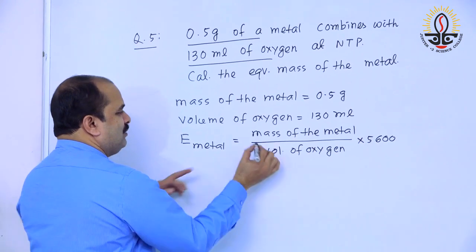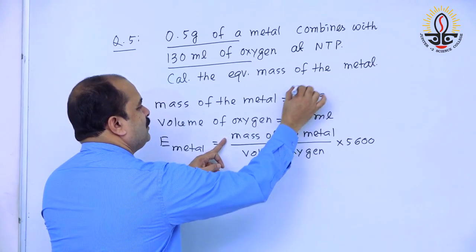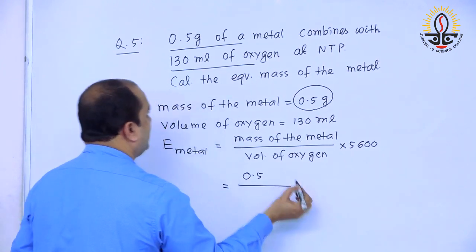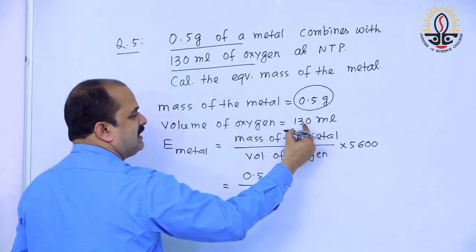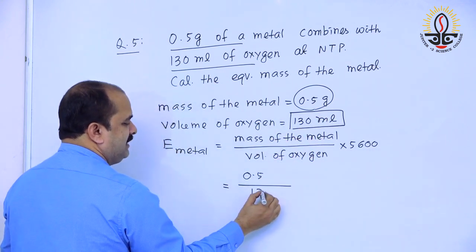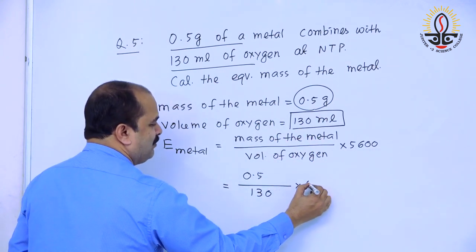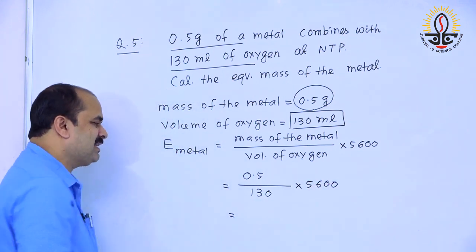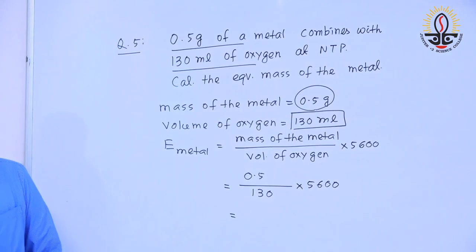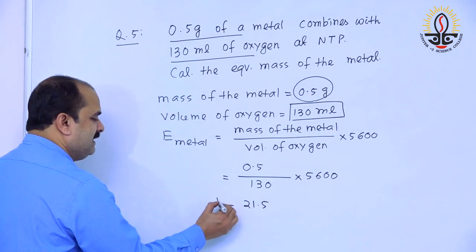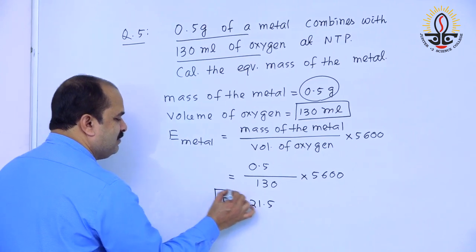The mass of the metal is given, 0.5 gram, divided by volume of oxygen, 130 milliliter. We have to multiply by 5600. So the equivalent mass of the metal is 21.5.